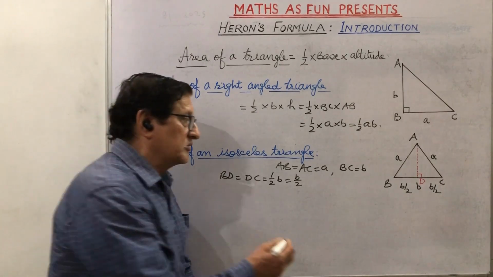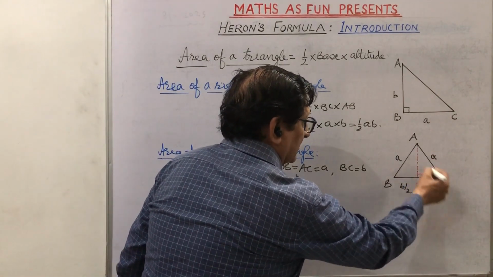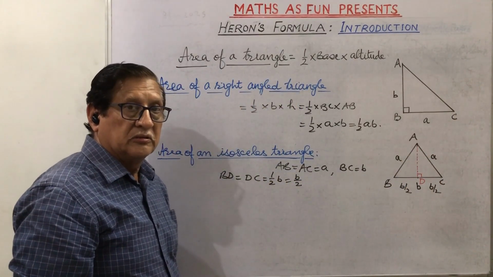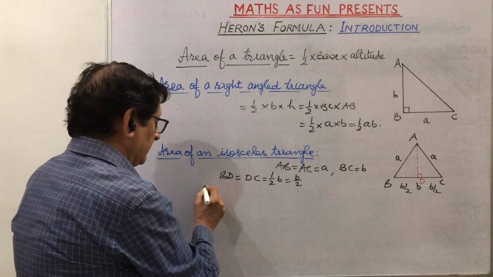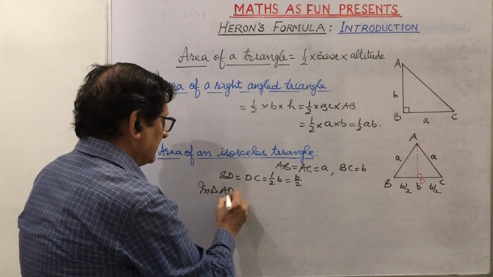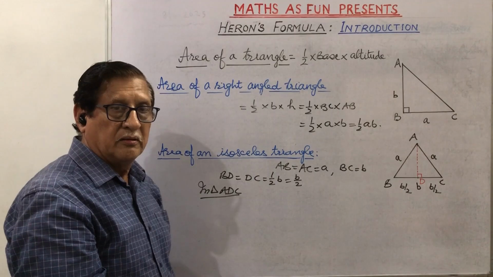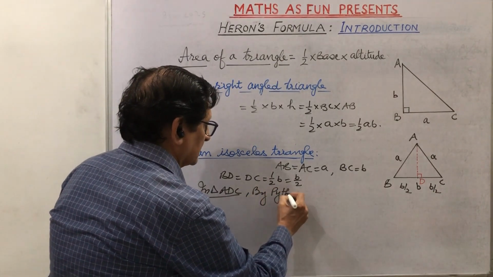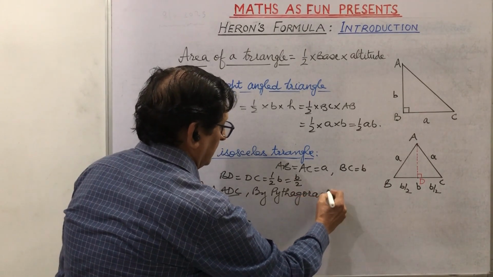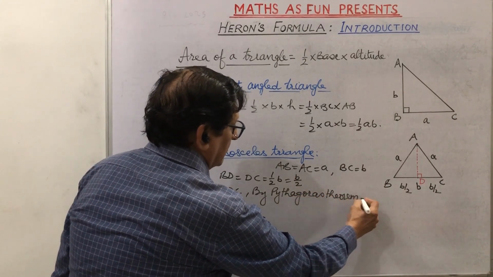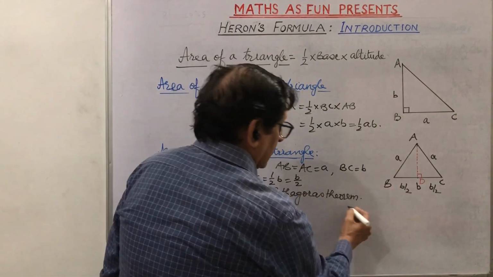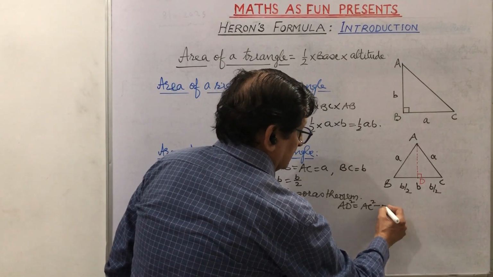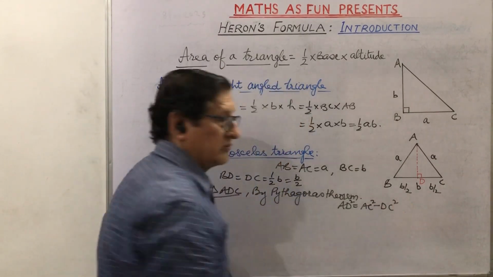Then to find out the altitude, we can make use of any of the triangles, either ADB or ADC. Suppose we use ADC. In triangle ADC, by Pythagoras theorem, we find that AD square is equal to AC square minus DC square.